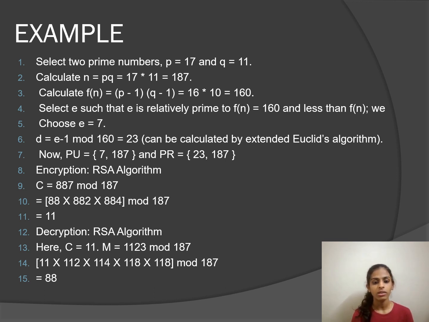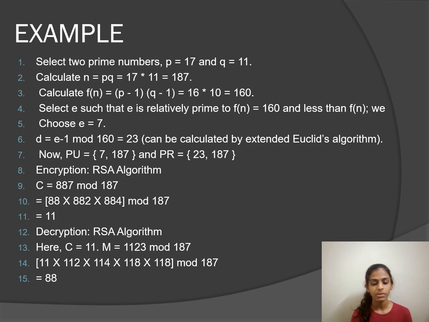After that, as we saw in the previous example, we calculate the public key and private key using the steps given, and next is encryption and decryption. As we saw the formula on the previous slide for encryption and decryption, we are going to do the same thing here.